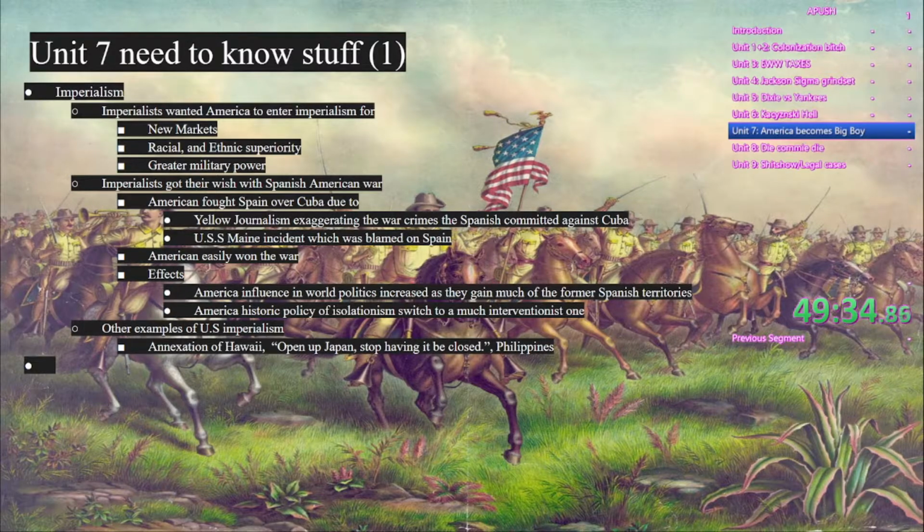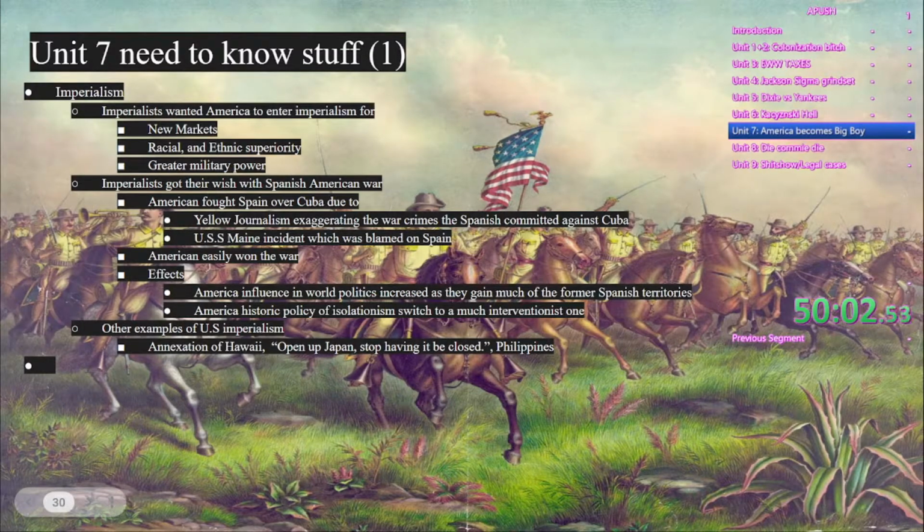America easily won this war, and its effects were that America's influence in world politics increased a lot as it gained much of the former Spanish territories. This would also be the beginning of the end of America's historic policy of isolationism and the beginning of a switch to a much more interventionist one.